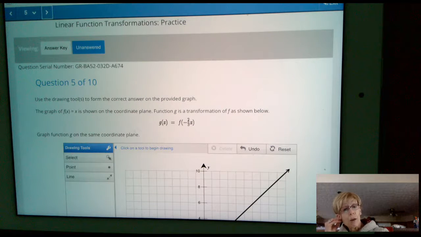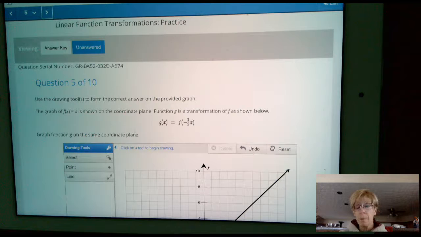So I'm going to start with my point at 0, and then I'm going to make my slope. Slope being rise over run, down 2, 1, 2, and to the right 3, 1, 2, 3. I'll put a point there, and then we can draw our line through those two values.